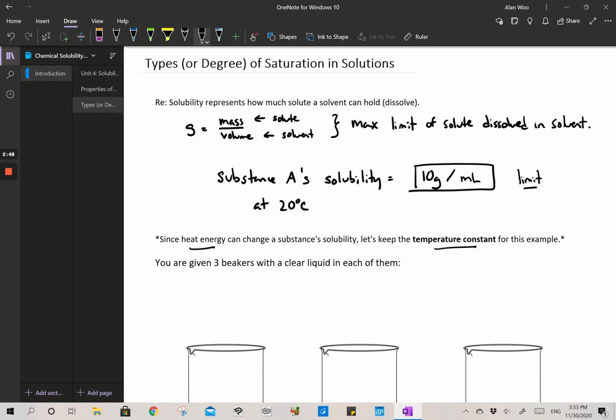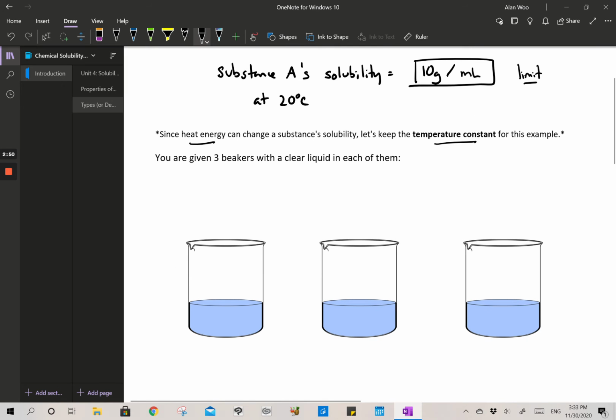If we look at the example below, let's say I give you 3 beakers, each containing substance A. Let's also assume each beaker contains 50 mL of water, some kind of solvent, and again, it's all at 20 degrees Celsius.